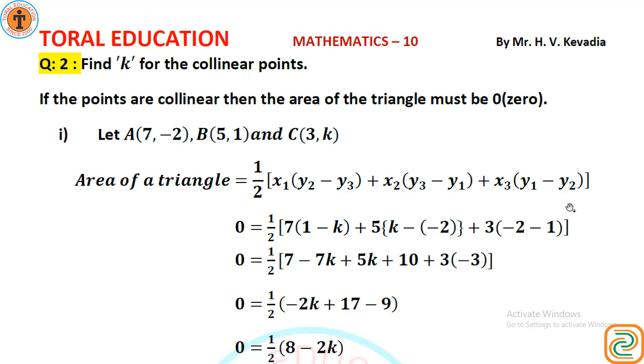Similar thing, we have taken half x1 bracket (y2 minus y3), y2 is 1 minus k, x2 is 5 bracket (k minus minus 2), right, x3 is 3 bracket (minus 2 minus 1), okay, 7 ones are 7 into k, that is 7k minus 5k, 5 into plus 2, minus minus plus 2, 5 2s are 10, 3 into minus 3, right, minus 2 minus 1, that is minus 3.